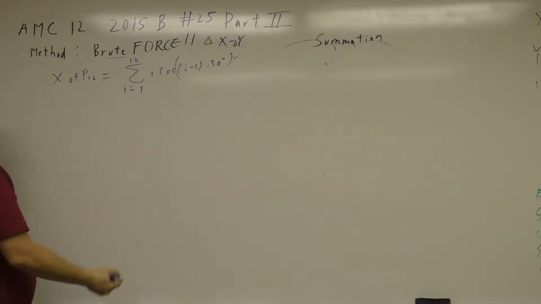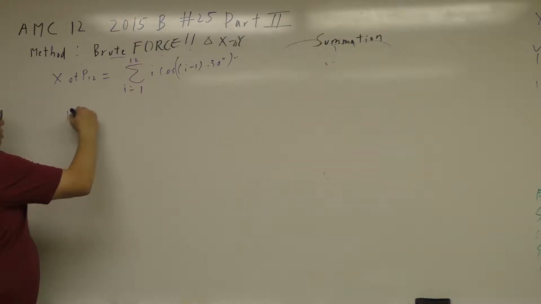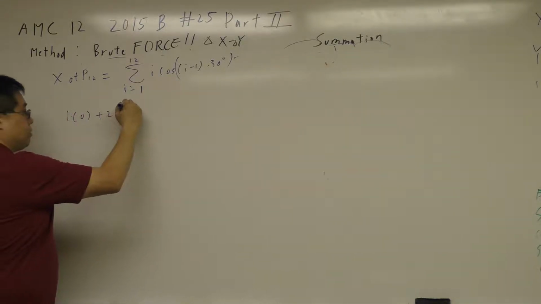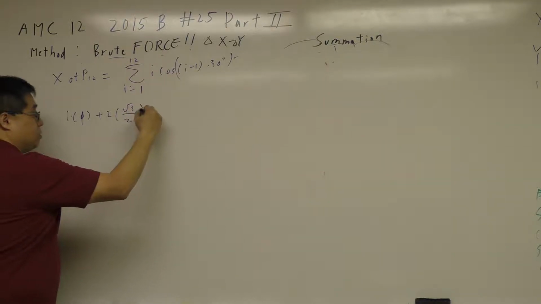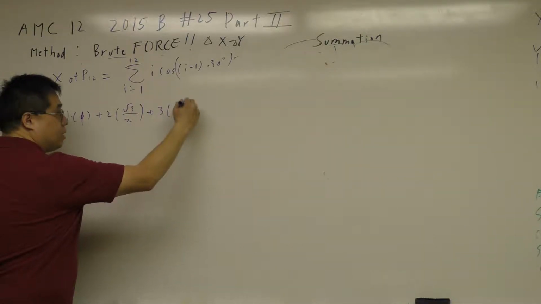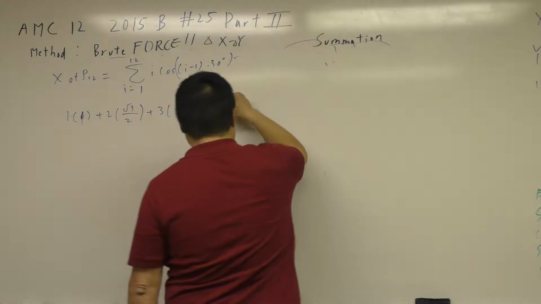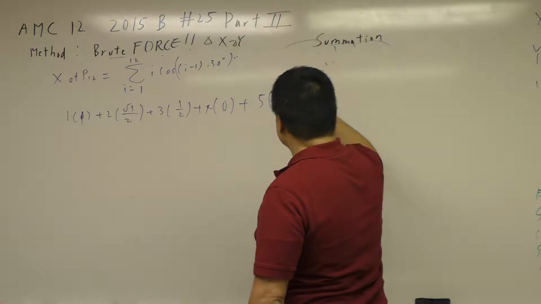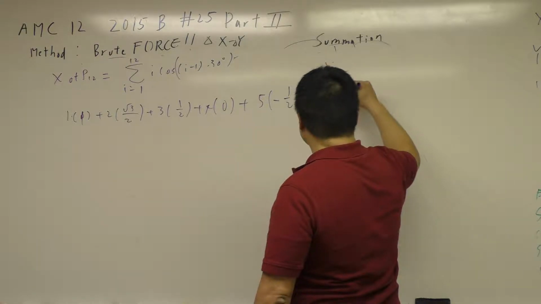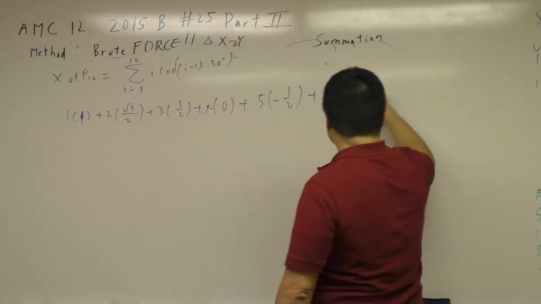It is 1 times 0 plus 2 times square root 3 over 2 plus 3 times 1 half plus 4 times 0 plus 5 times negative 1 half plus 6 times negative square root 3 over 2.